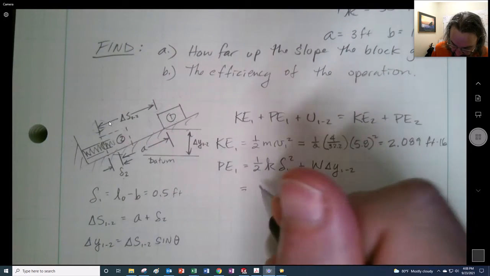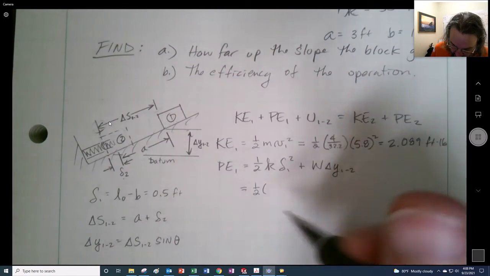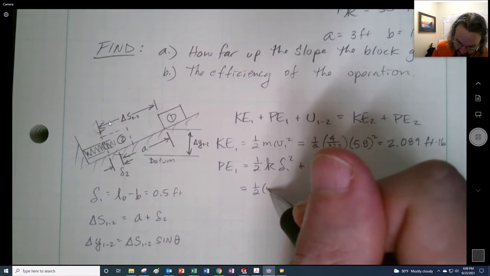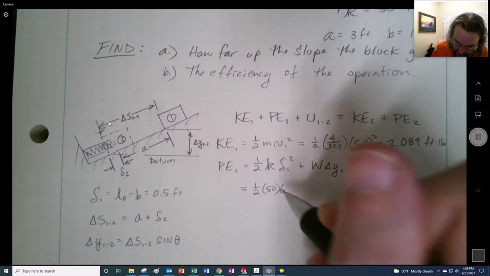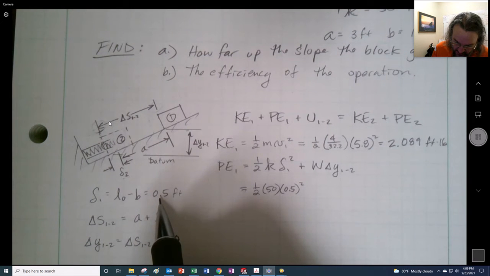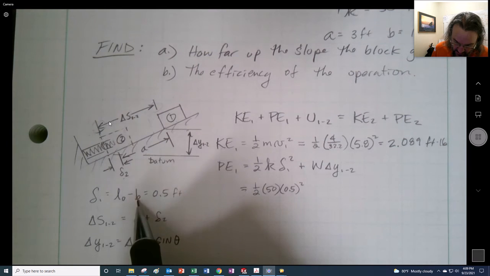So that's going to add to the complication here. So let me go ahead and put in here the stuff I do know. And this is going to be 50, and this is 0.5 squared, right? So that's the difference right there.